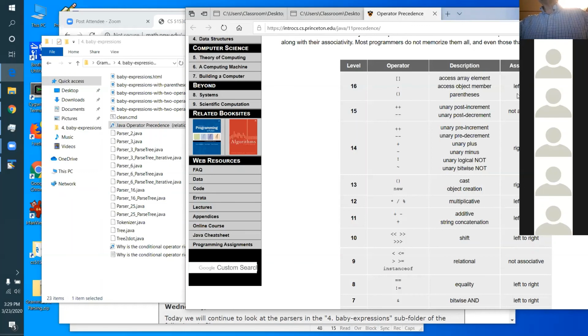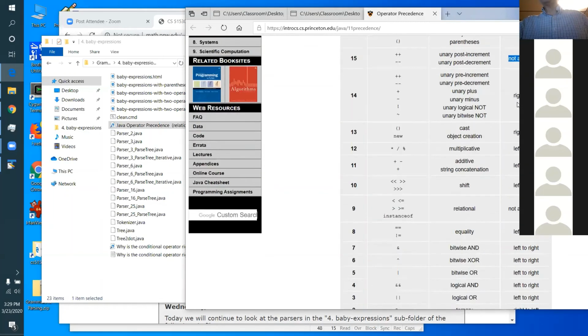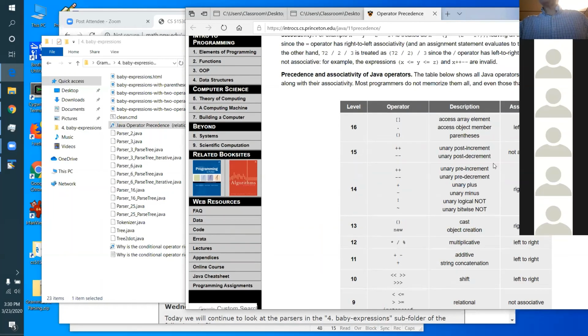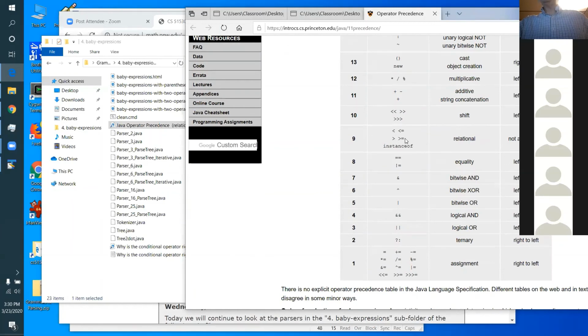But then there's a third possibility, not associative. Some operators you're not allowed to use without parentheses. So the operators can be left associative, right associative, or not associative. In Java, the unary increment operators are not associative, and also the relational operators are not associative.